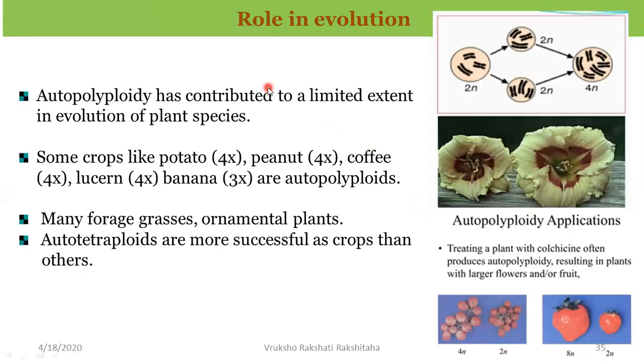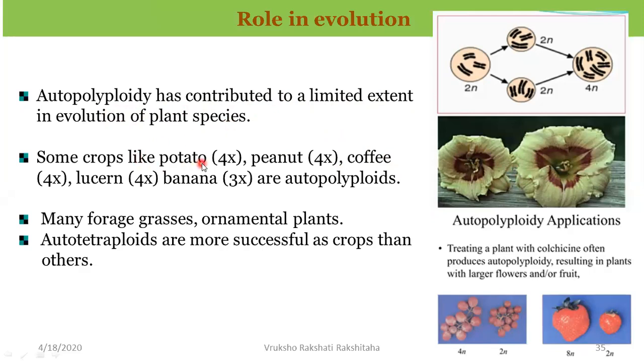Finally, let us see the role of autopolyploidy in evolution. This pic is of the lilies, which are also an example of autotetraploidy. Autopolyploidy has contributed to a very limited extent in the evolution of plant species.